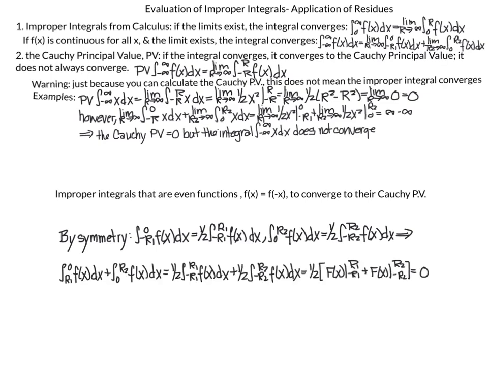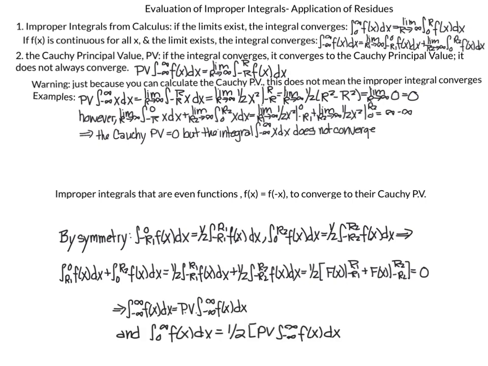So now using our correct definition, so to speak, where we divide up the integral into negative r1 to 0 of f of x dx plus 0 to r2 of f of x dx, and we let the limits of r1 and r2 go to infinity, then this, by symmetry, is equal to 1/2 the integral from negative r1 to r1 of f of x dx plus 1/2 the integral from negative r2 to r2 of f of x dx, which is equal to 1/2 the antiderivative of f of x evaluated at r1 and negative r1, plus 1/2 the antiderivative of f of x evaluated at r2 and negative r2, which is going to equal 0.